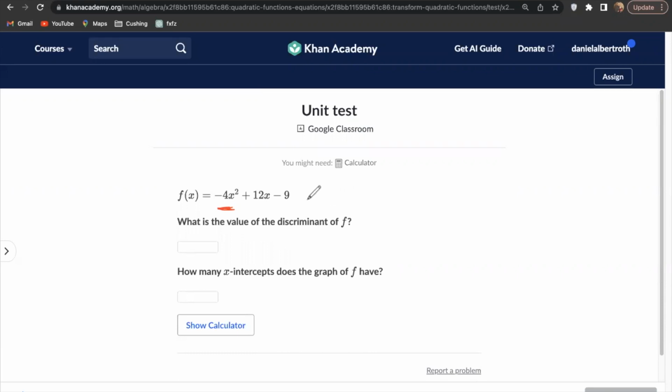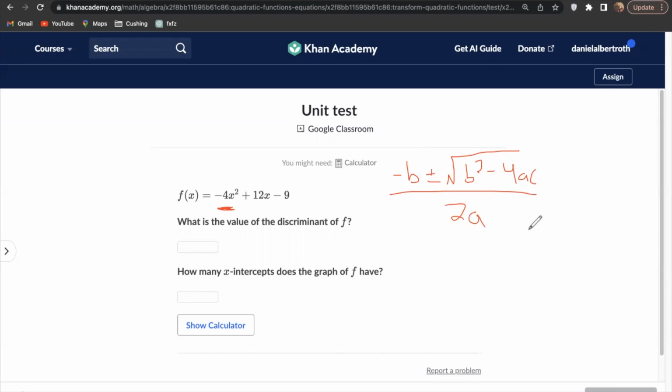For this, I'm going to leave it, and hopefully it all works just fine. So what I'm going to do is start by writing the quadratic formula: -b plus or minus the square root of b squared minus 4ac, all over 2a.